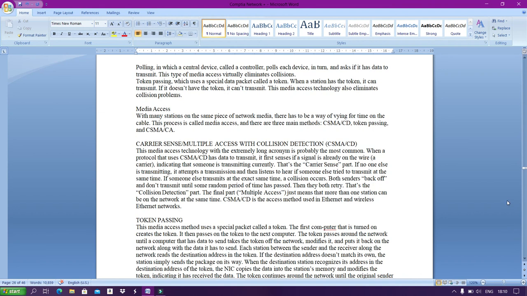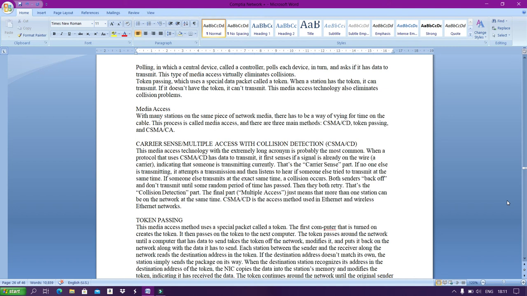Polling, in which a central device called a controller polls each device in turn and asks if it has data to transmit. This type of media access virtually eliminates collisions.